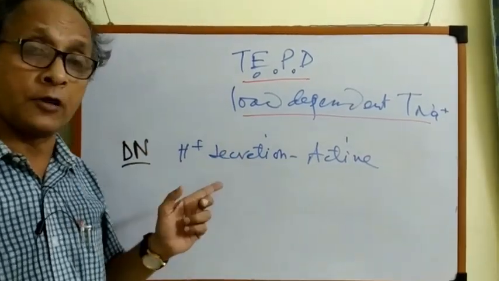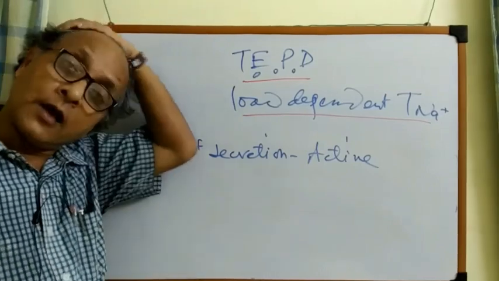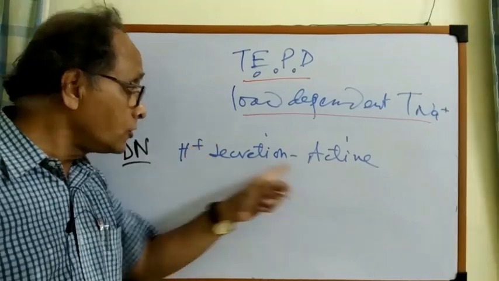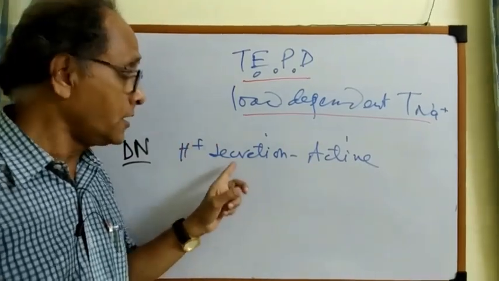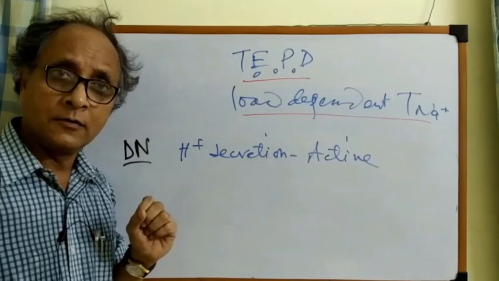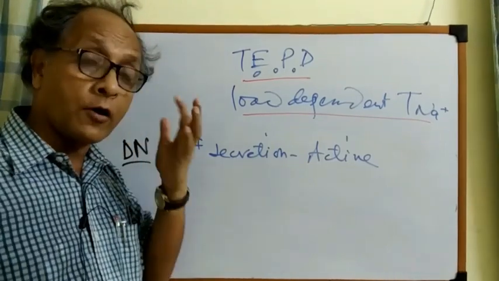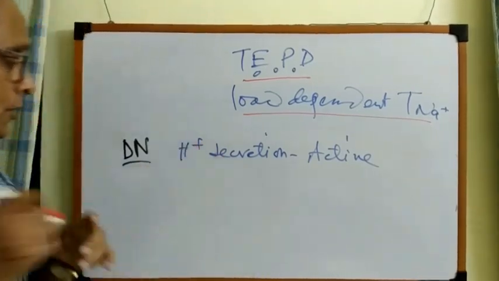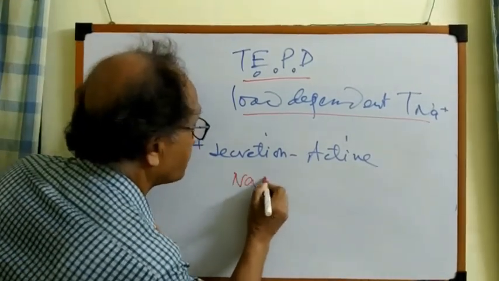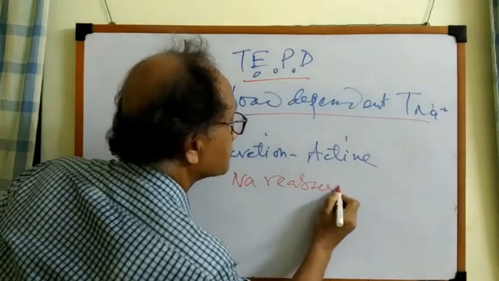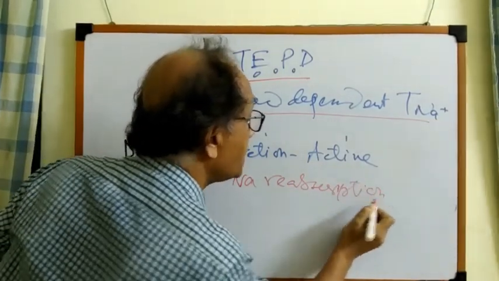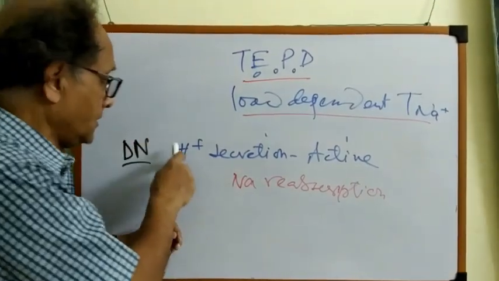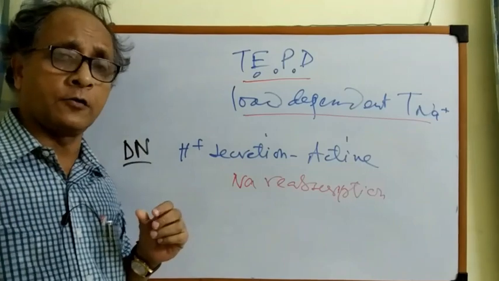So this is another very important regulatory point in H plus ion secretion, especially in the distal nephron. Although hydrogen ion secretion in the distal nephron is by and large active in nature, not essentially dependent on any other ionic transport, sodium reabsorption indirectly modulates the active hydrogen ion secretion.